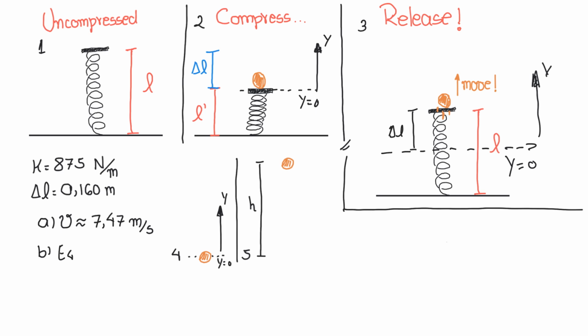Energy in situation 4 must be the same as energy in situation 5. In situation 4, we only have kinetic energy, so 1/2 of the mass of the ball times its initial velocity squared. And this must be equal to the energy of the ball in situation 5, which is purely potential and given by the mass of the ball times the acceleration of gravity times its height.